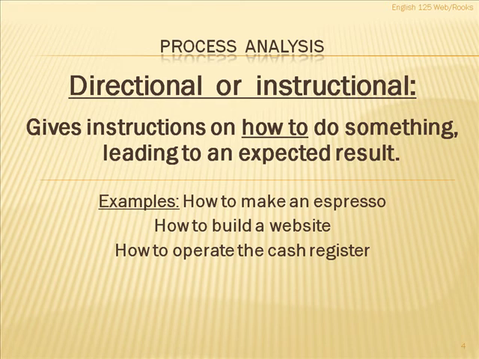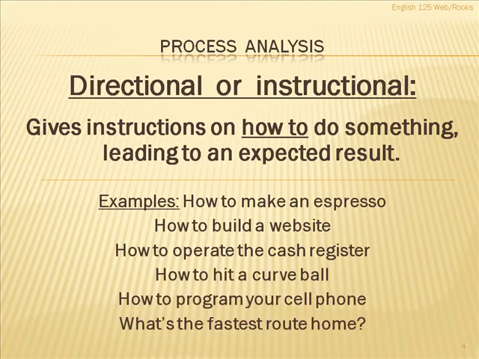Examples would be things like how to make an espresso, how to build a website, how to operate the cash register at work, maybe how to hit a curveball, how to program your cell phone, what's the fastest route home. You get the idea. They are sets of instructions, basically.